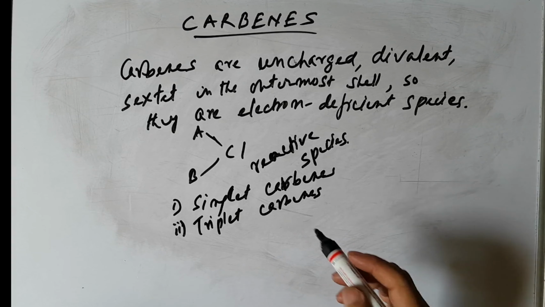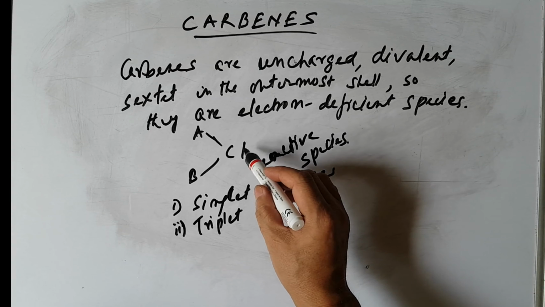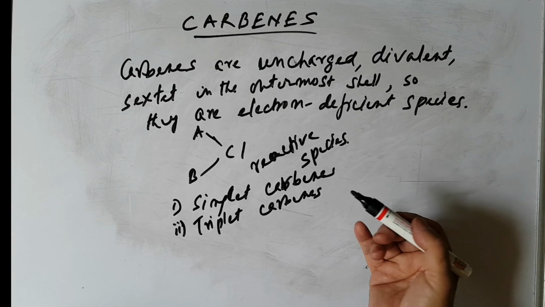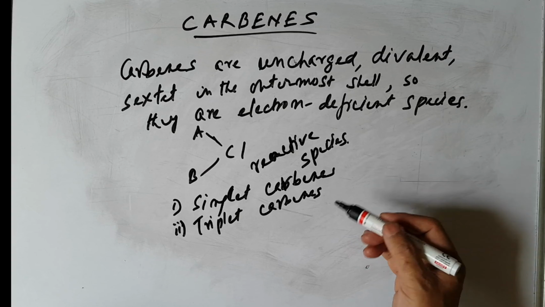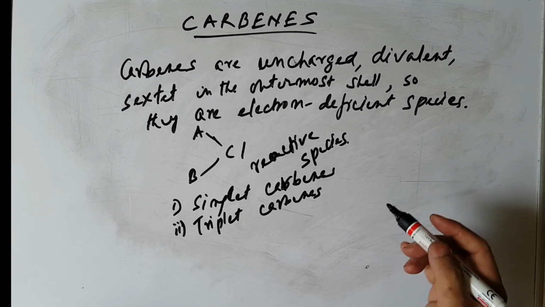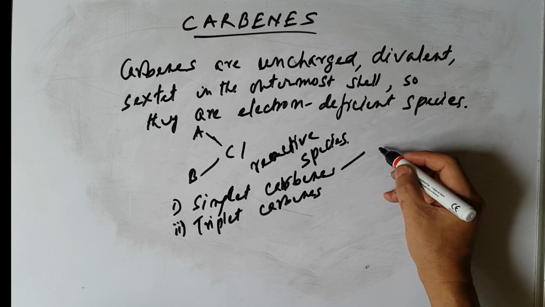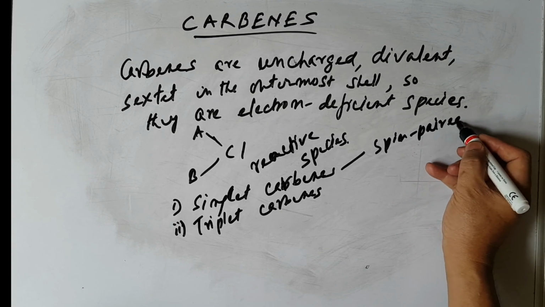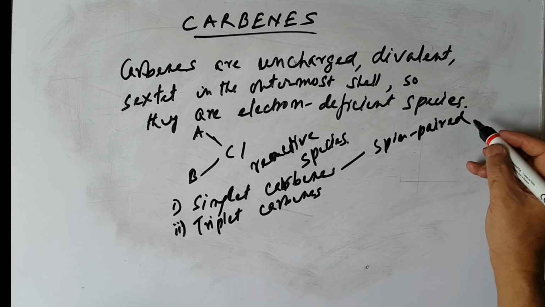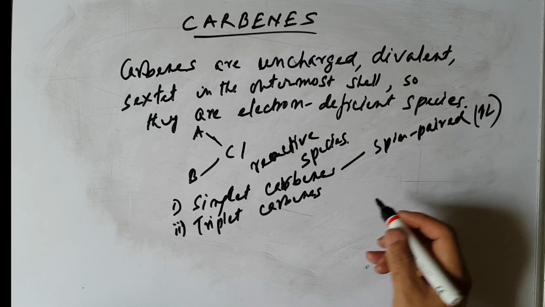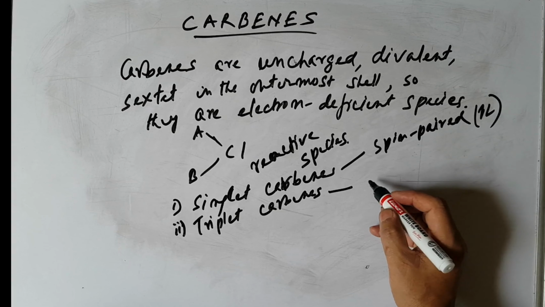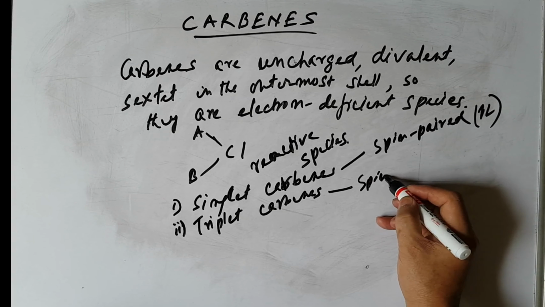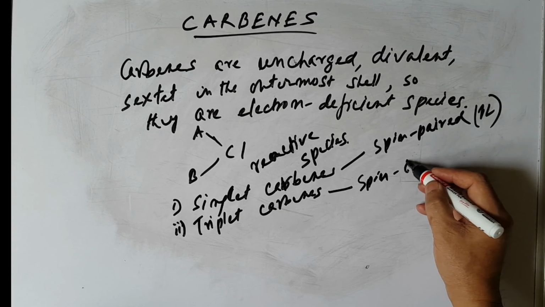Depending on the nature of the electrons, these two electrons might be spin paired, or they might be spin parallel. In the case of singlet carbenes, they are spin paired. In the case of triplet carbenes, the spins are parallel.